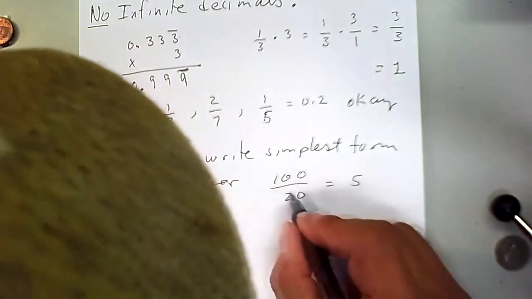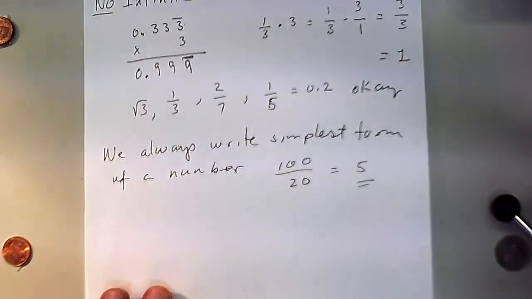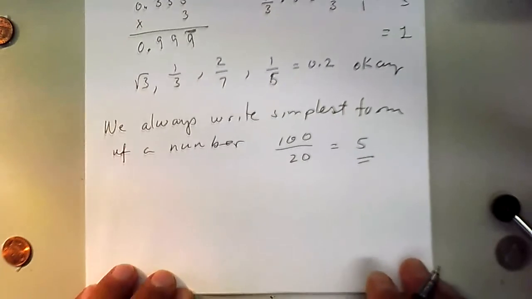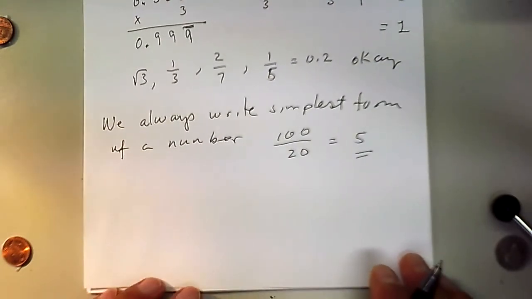We don't want to write any other form but that one. That is the simplest form. If you write any form that is not the simplest, then you will lose a point probably, because answers have to be as simple as possible.